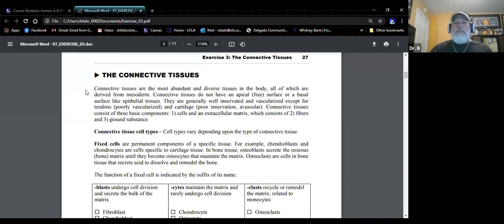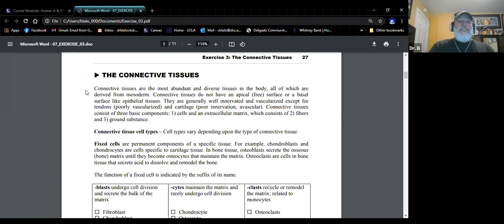One of the reasons why connective tissue is so vascular is because in a lot of instances, it has epithelial tissue attached to it. And we need to be able to have that vascularity to support not only the connective tissue itself, but to support that epithelial tissue that it's attached to.